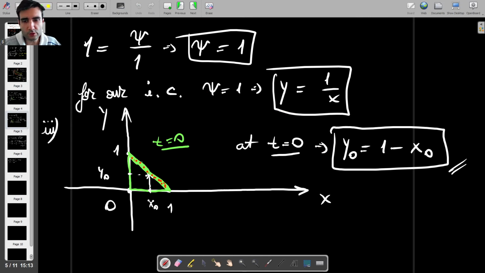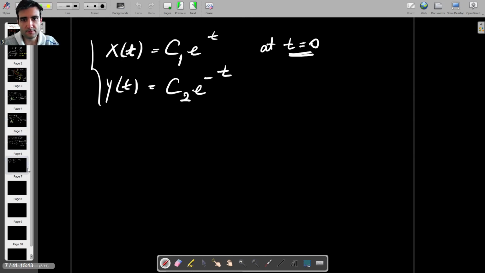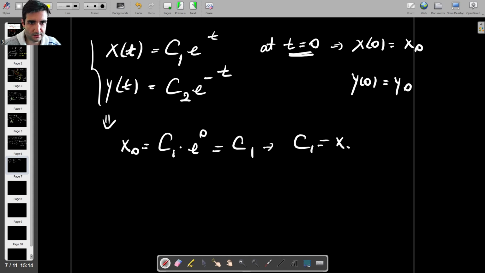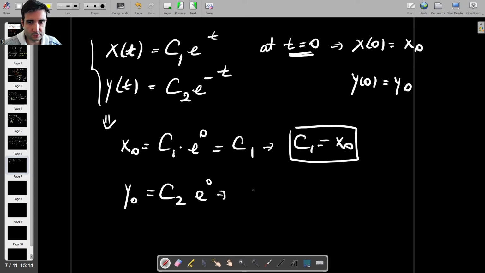So how do we put the condition that at time equals 0, that particle sits on the line? Well, we want that x of 0 is equal to x0, and y of 0 is equal to y0. So let's see what we get. We have x0 equal to c1 times e to the 0, which is just c1. So c1 is x0. And we'll get something similar from the second equation. y of 0, which is y0, is c2 e to the 0, which means c2 is y0.